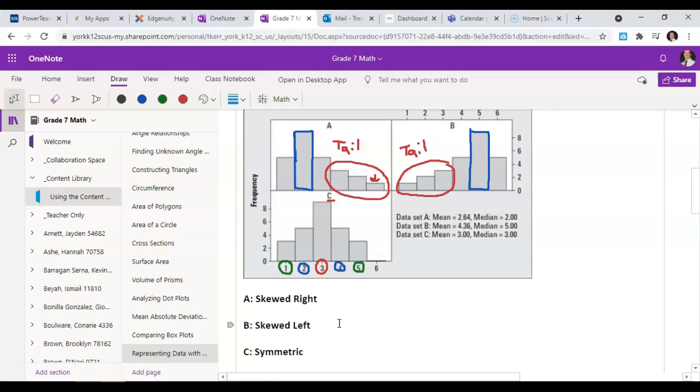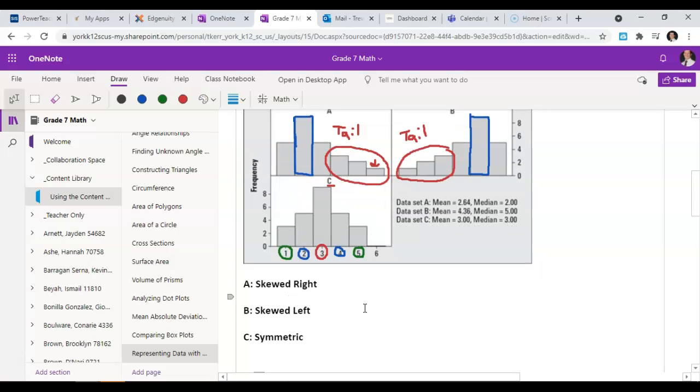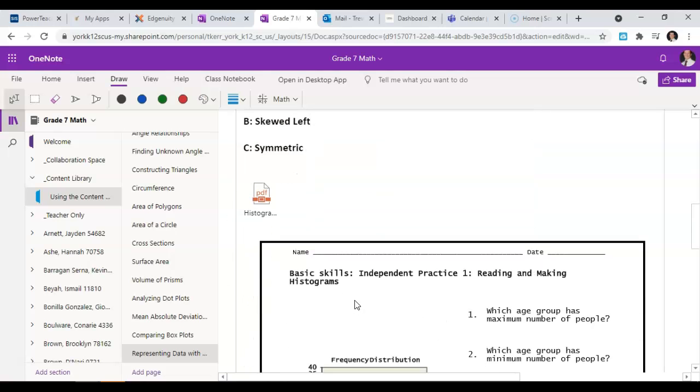And that might be a little confusing at first. That might not be how you would choose to describe it, but that's how it's defined. That's what we're going to stick with as far as talking about it. So this would be skewed right because there's an extra tail on the right. This would be skewed left because there's a tail on the left. So always look for the tail first. That will help point you in the direction of where it is being skewed.